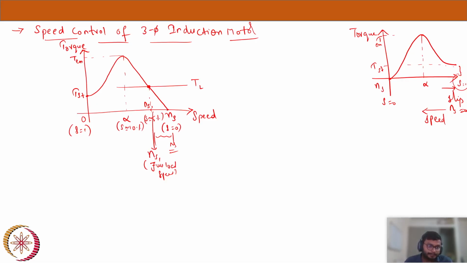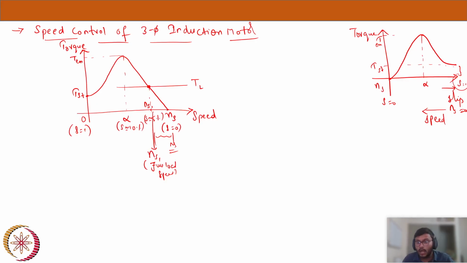Now we discussed the slip ring induction machine two weeks back. Last week we discussed starting methods, and before that we discussed torque equation derivations for a slip ring machine.